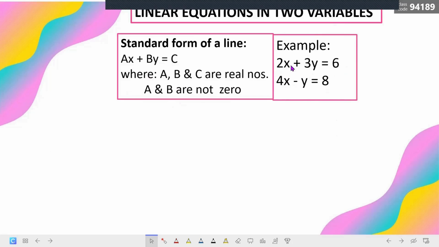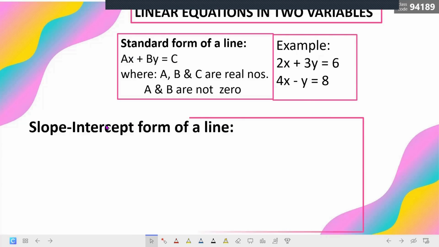These are examples of linear equations in two variables written in the standard form, as the x and y variables are written together on one side of the equation. Okay, so that's the standard form of a line.